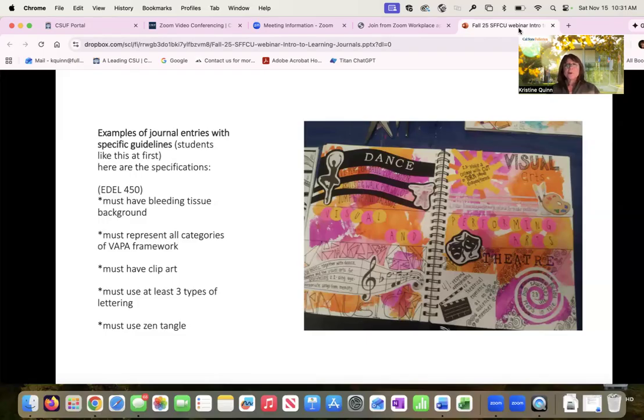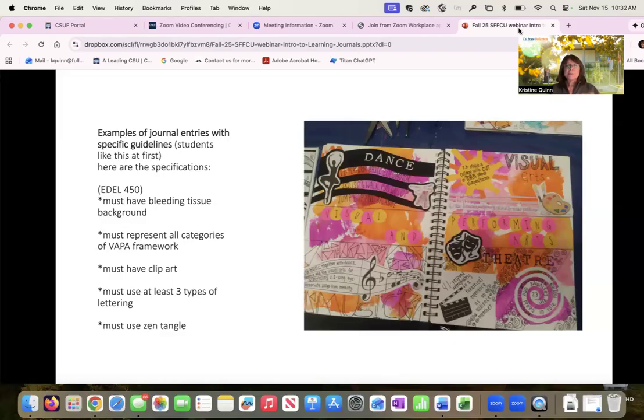Okay, so when they first begin in their learning journals, this is one of the first pages they do, and I give them very specific requirements and those things that we just talked about. They have to use bleeding tissue for the background. They have to present the content of the visual and performing arts framework and standards in their grade level.